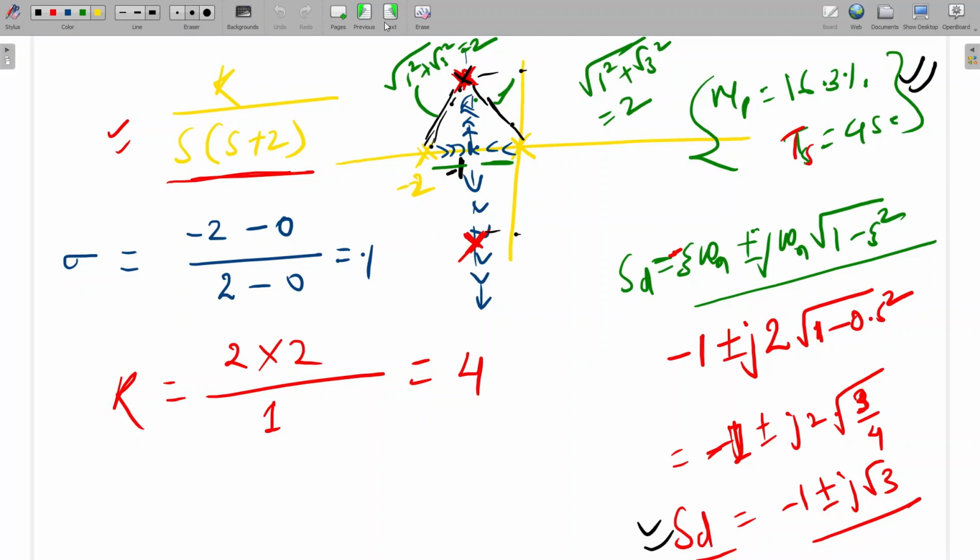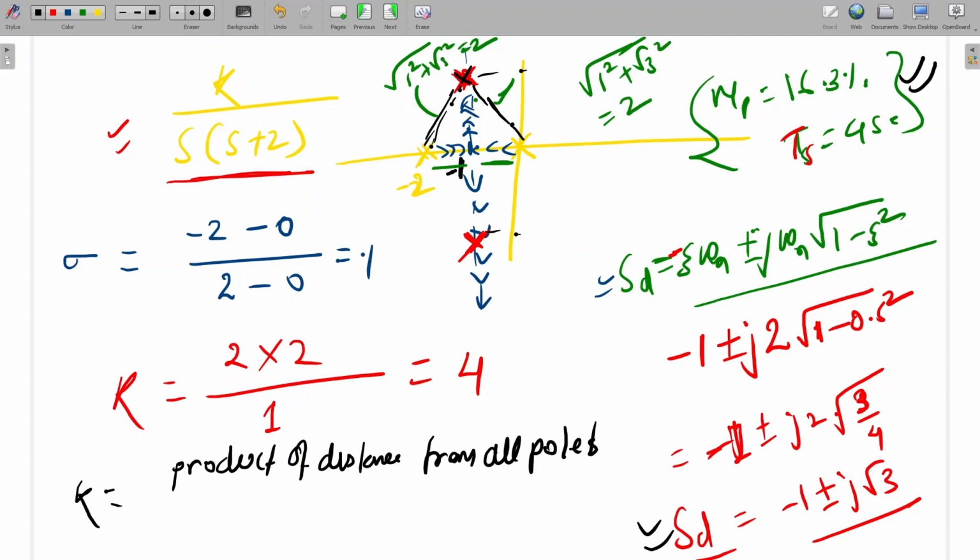Okay, see. So the rule is, if some pole will be there, this formula I already explained in the root locus class. So k is equal to the product of distance from all poles to SD. Means at SD we have to find the k value at this particular pole.